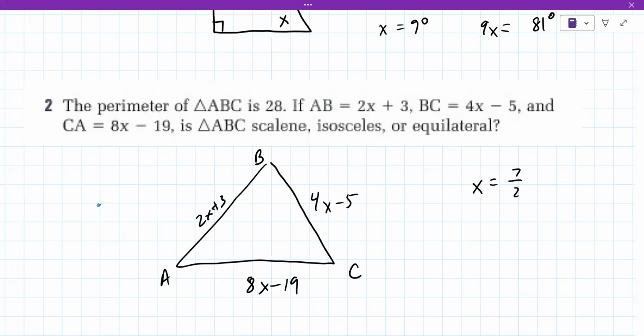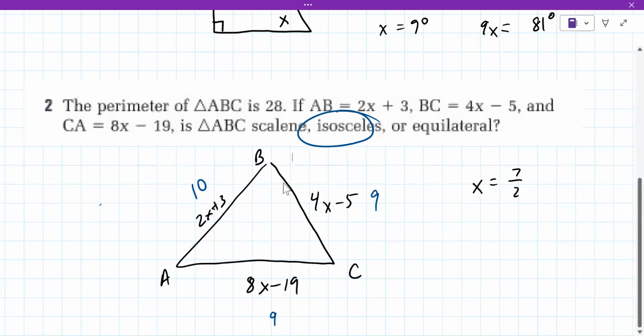I think it would end up being an isosceles triangle. What did you get for A to B? I got 10. Okay, and for B to C? 9. And then the last one? Also 9. Yes, so it is isosceles.